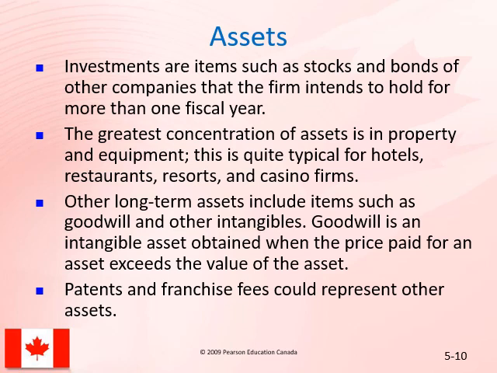Patents and franchise fees can also represent assets because they limit the ability of other businesses to use certain things that are protected, for instance ways of doing things, processes, or designs for machinery. Because these things increase the competitive nature of the firm, they're considered to be assets.